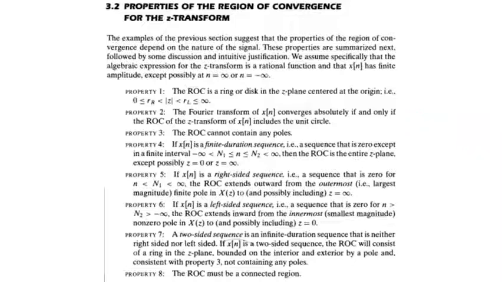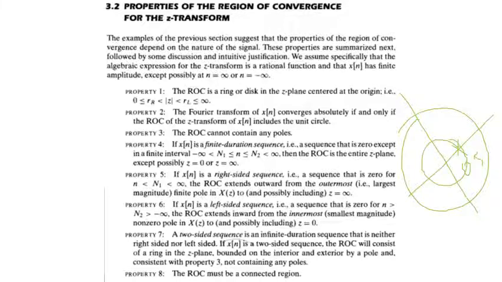Secondly, the Fourier transform of x of n converges absolutely if and only if the ROC of the Z-transform includes the unit circle. For example, if there is a pole here at 0.5 and the ROC includes the unit circle, then the Fourier transform exists.